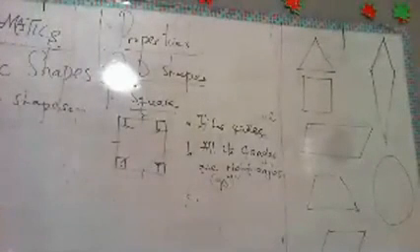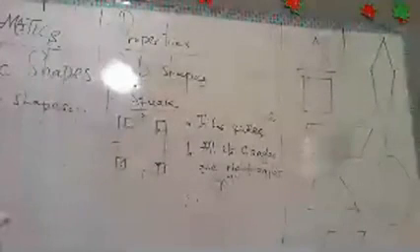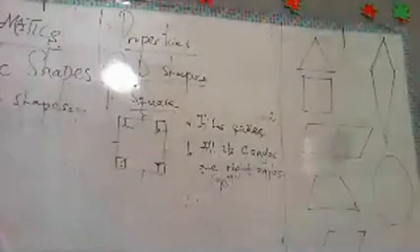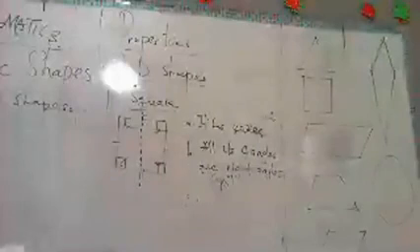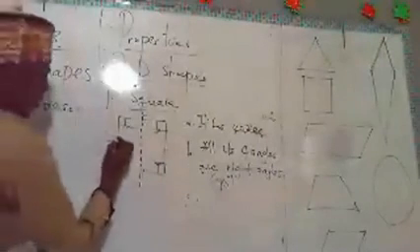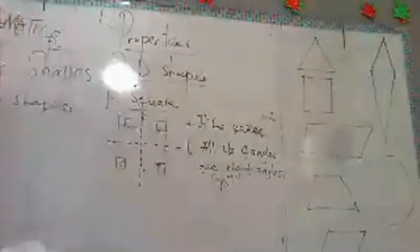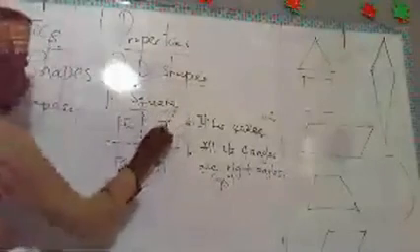The third one, it has 4 lines of symmetry. What do you mean by line of symmetry? A line of symmetry is a line that divides a shape into two equal parts. For example, we can draw a line of symmetry like this, that's one. We can also cut this shape like this, that's two. We can break it through the angles like this.